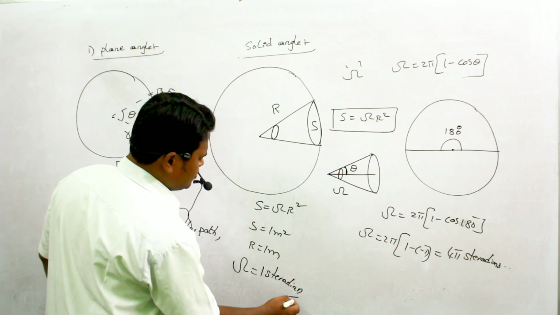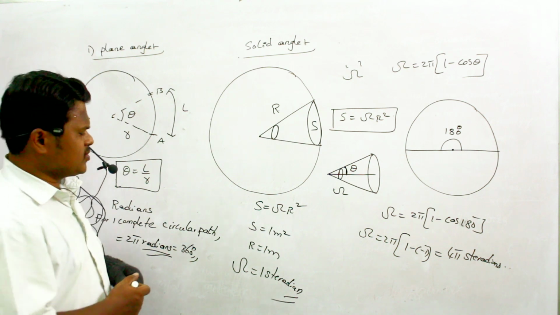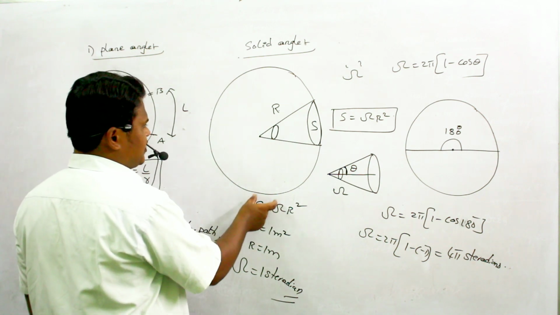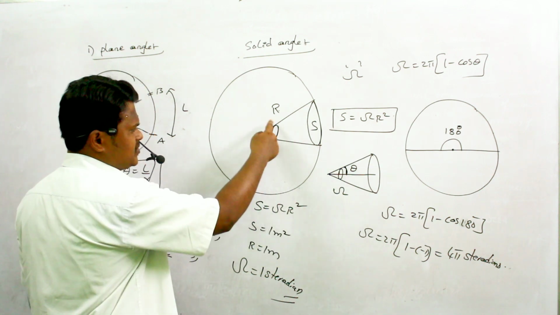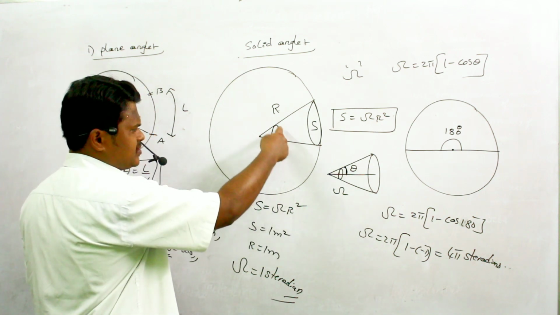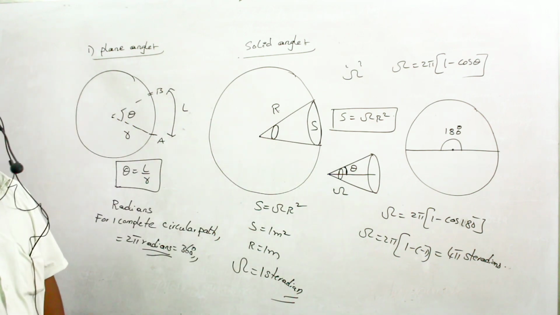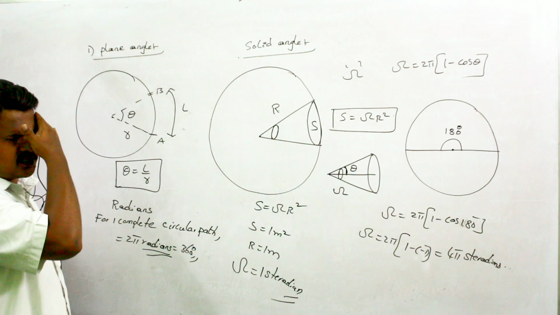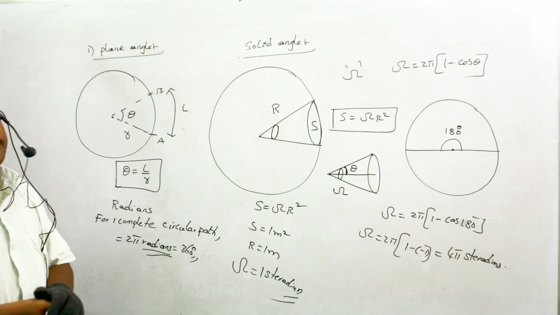This is another important definition of steradian. If the surface area cut is 1 meter square and the radius is 1 meter, then the solid angle created at the center will be equal to 1 steradian. So this is a small discussion on the supplementary quantities which are defined in the SI system.